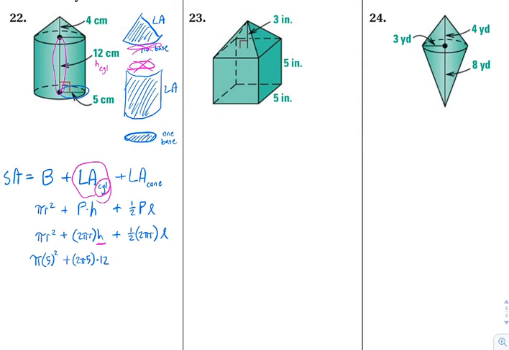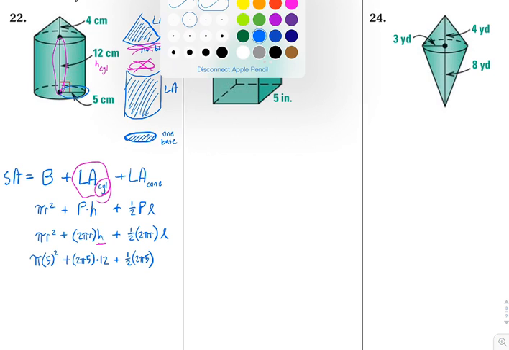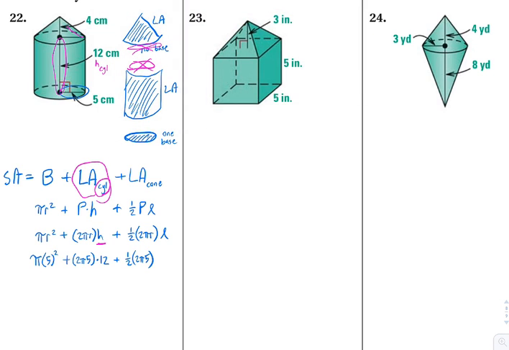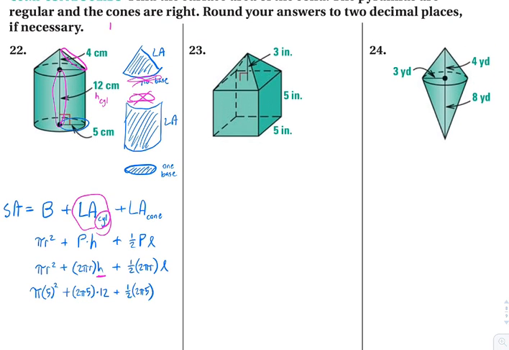All right, then I say, okay, over here I've got 1/2 2 pi 5, right? The radius of all these is 5, and then I go, oh shoot, I need the slant height yet again. So off to the side, I need to find the slant height of my cone. So I've got that the height of the cone is 4, which is perpendicular to the radius of the circle, which is 5, and I can see that down at the bottom.